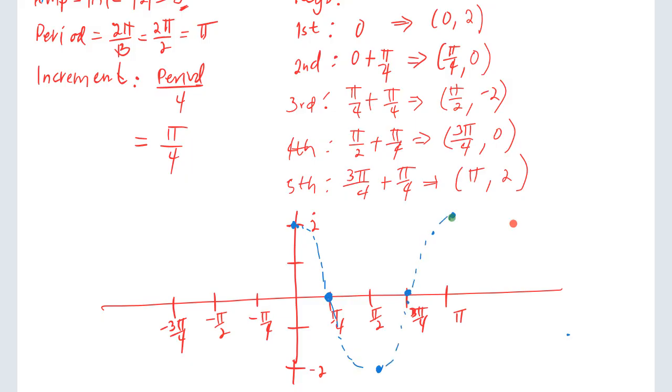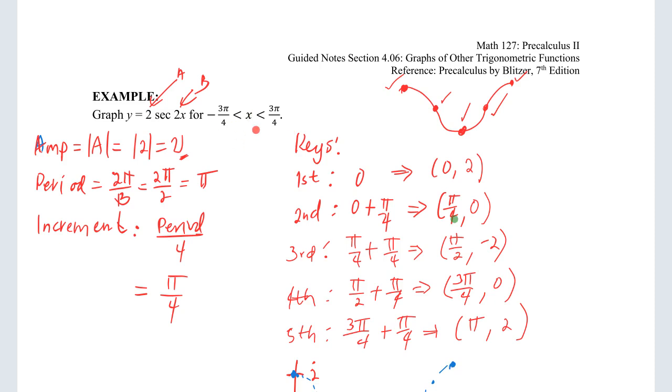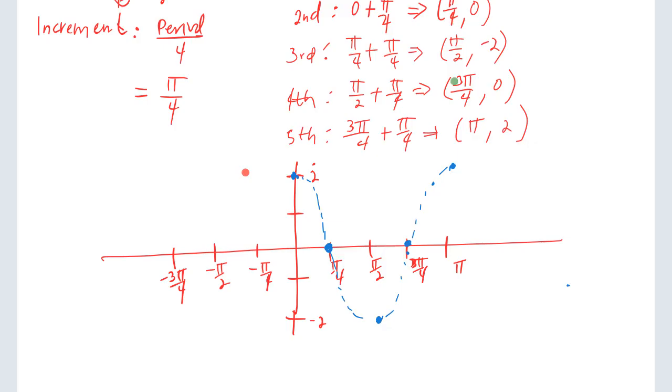Now I'm going to continue on the other side, because once again, the requirement here is to graph from negative 3 pi over 4 to 3 pi over 4. So I will have this point, and over here, and this point right here. Again, our task is to graph from negative 3 pi over 4 to 3 pi over 4.